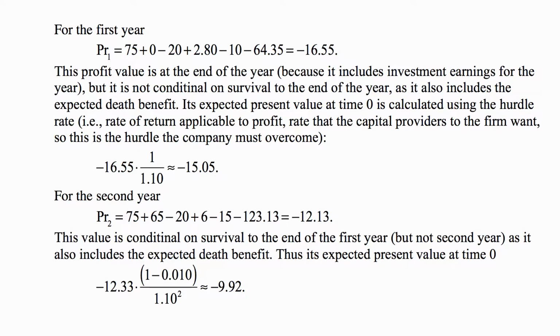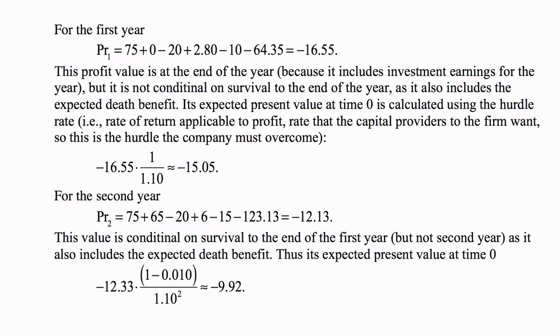Then for the first year, the profit for year 1 is 75 plus 0 minus 20 plus 280 minus 100 minus 64.35. And this ends up being negative 16.55. This profit value is at the end of the year because it includes investment earnings for the year, which were 280 in this case.